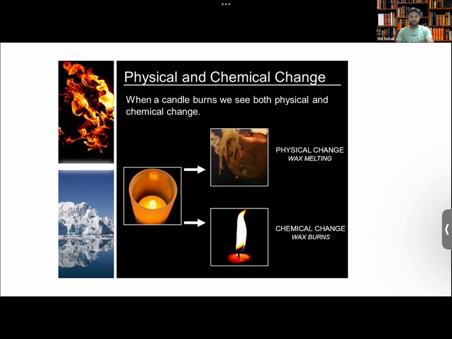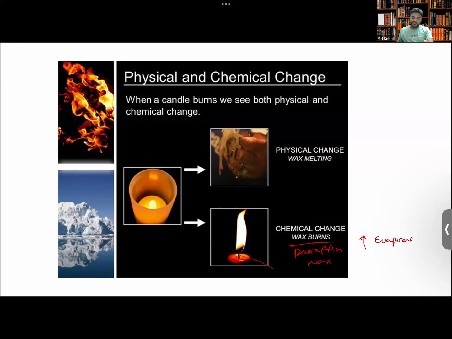Exactly, exactly, guys. So the paraffin wax that is present in the candle has burned, has converted into vapor and evaporated into the atmosphere, so we can't get it back.